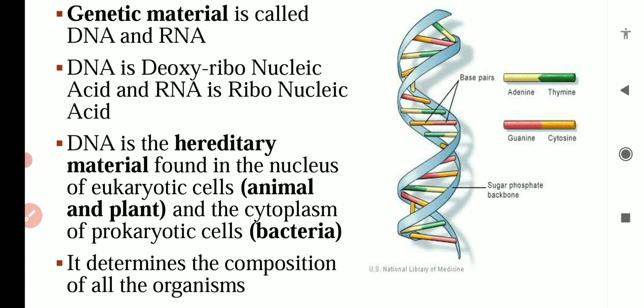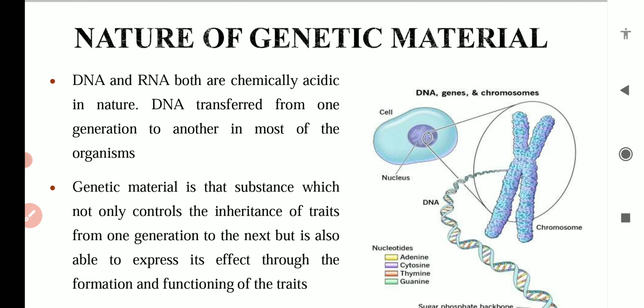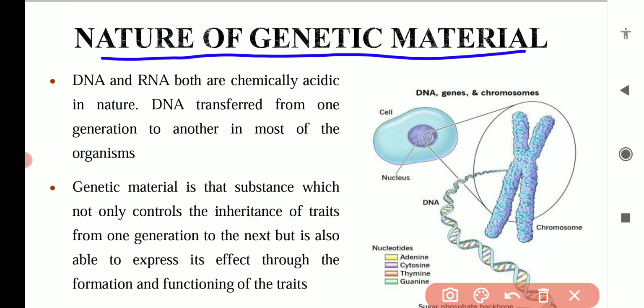So what is genetic material? DNA and RNA, means deoxyribonucleic acid and ribonucleic acid. Then the nature of genetic material means what are its characters.